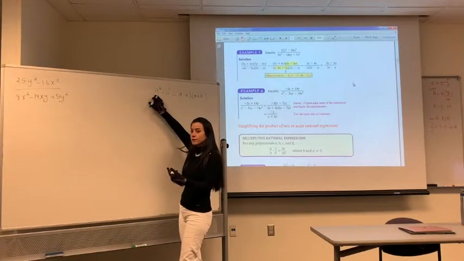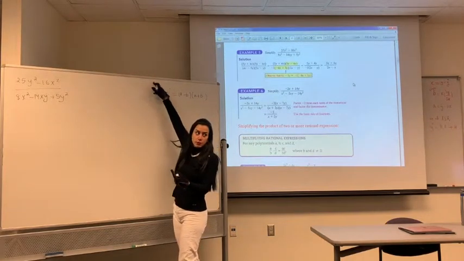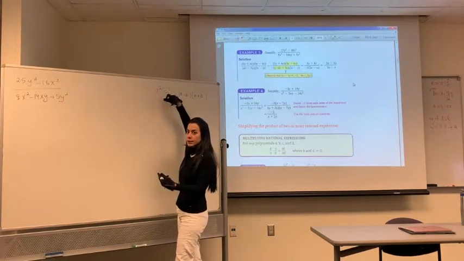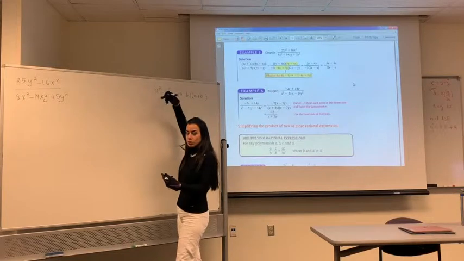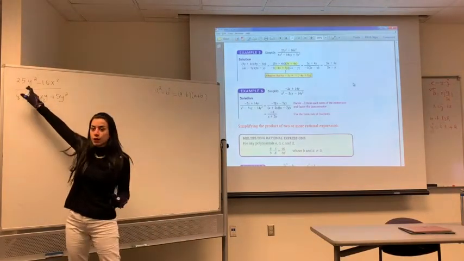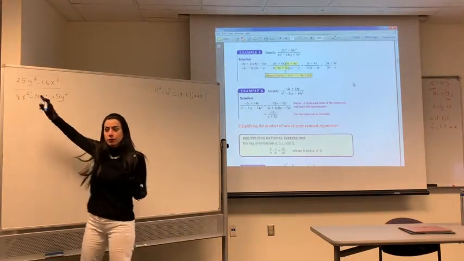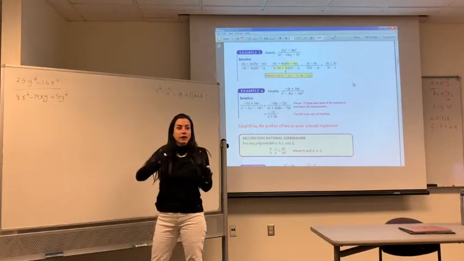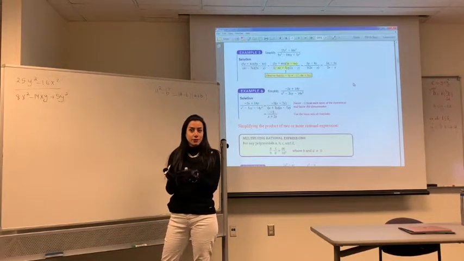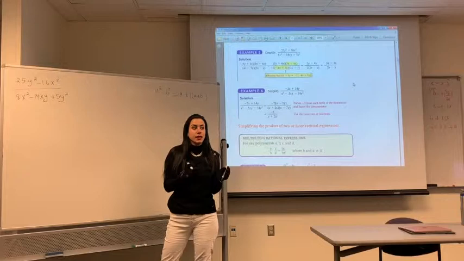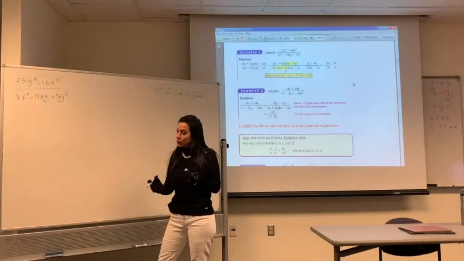So if you have a complete square in the first term minus another complete square, 25y squared is a complete square. So what was it? 5y, right? 16x squared also was a complete square.